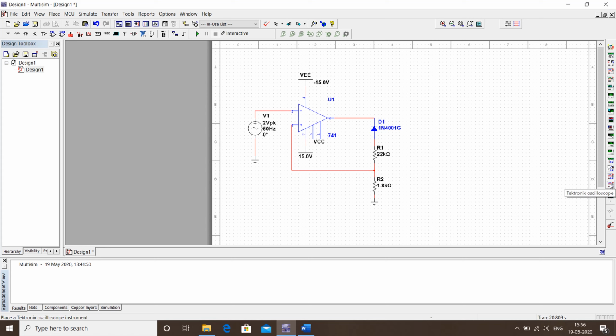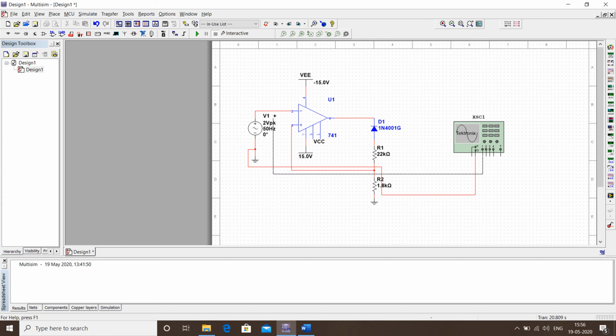And to observe the waveform, a Tektronix oscilloscope. So this is connected to ground. Channel 1 I will connect to the input, and channel 2 I will connect across pin number 6.